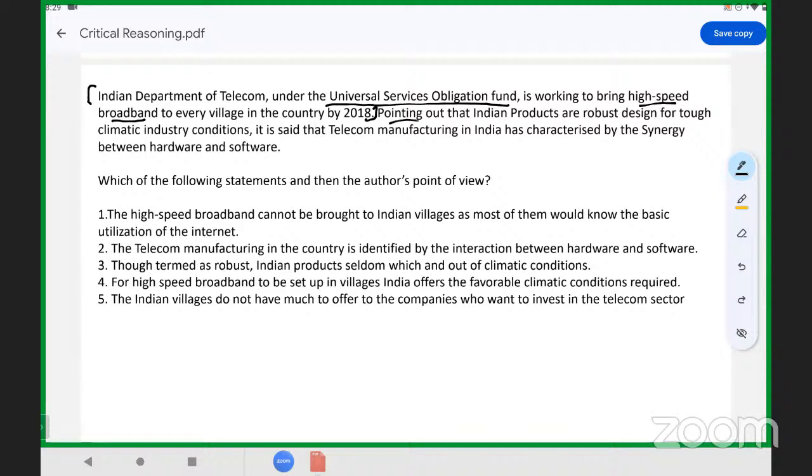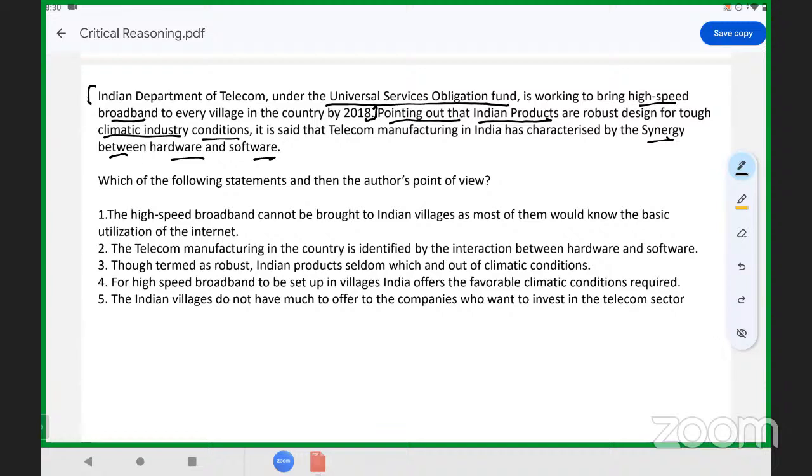Pointing out that Indian products have robust design for tough climatic industry conditions, it is said that telecom manufacturing in India is characterized by the synergy between hardware and software. Okay, so we'll start with the options.